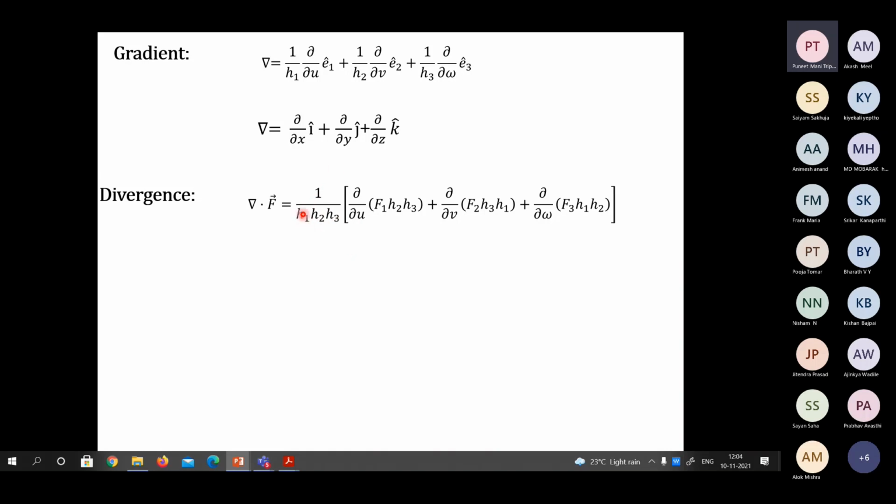So 1 dou by dou x of h2 into h3 is 1. So it is dou by dou x of f1, dou by dou y of f2 plus dou by dou z of f3. That's what you are going to get. So del dot f is dou f1 by dou x plus dou f2 by dou y plus dou f3 by dou z. This is what we used in our previous unit. This is how we got del dot f.